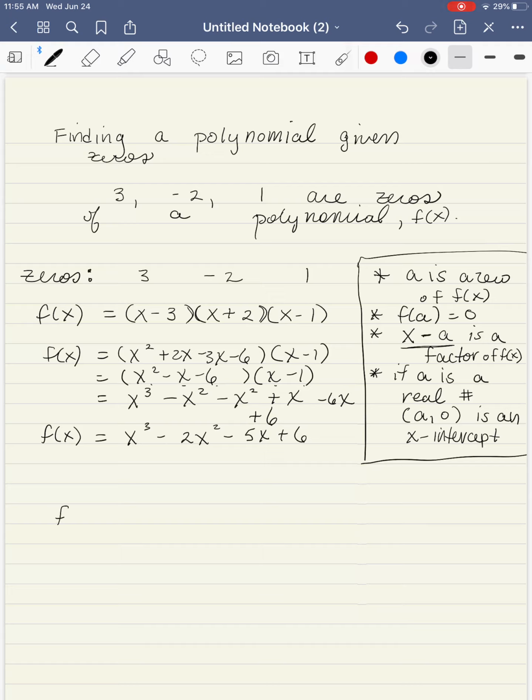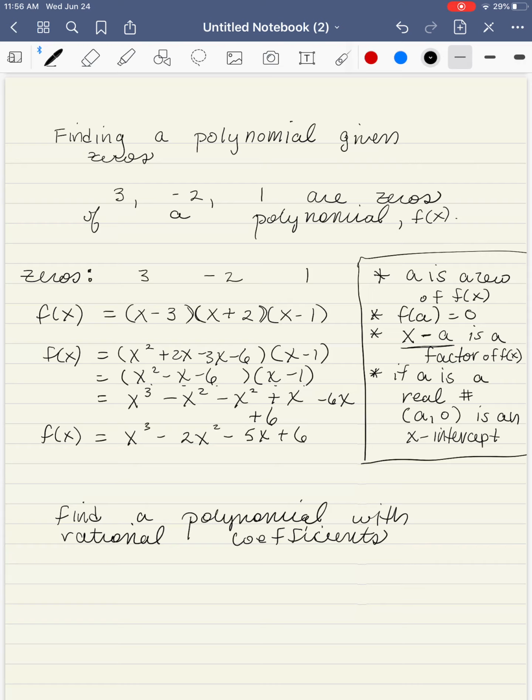Let's try another one. Let's say that we want to find a polynomial with rational coefficients.